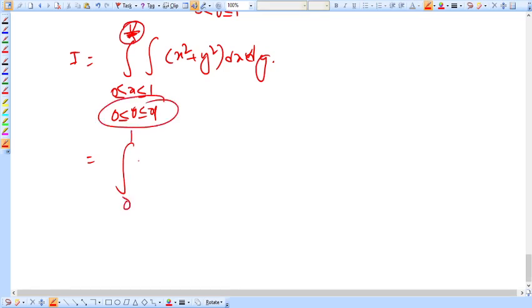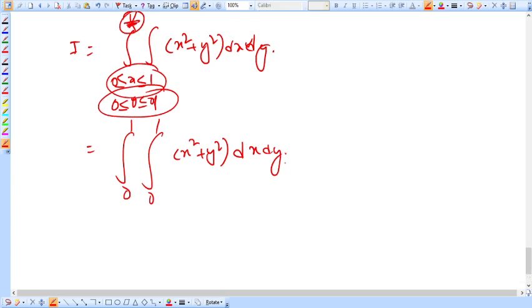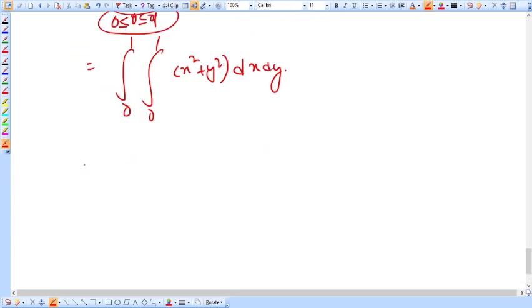Then you see x is inside, so you are going to write the limit of x here, which is the same, because the limits of integration for x and y are the same, so it doesn't matter where you write them. Then inside you have x square plus y square dx dy, right? After this you just integrate this. Firstly you will have to integrate this.